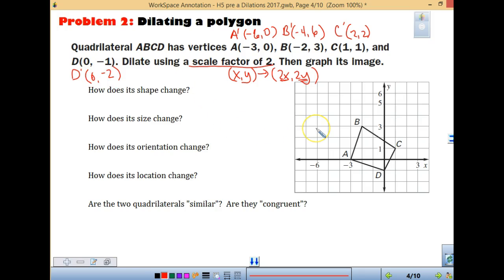Please, if you have not already plotted those, do that now. So putting your A prime, putting your B prime, -4. Please connect them so that as you are looking at those, as you look at yours, should the shape change at all?